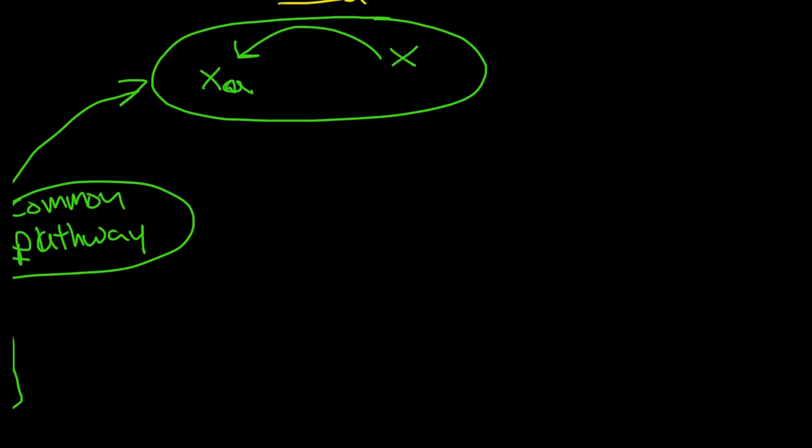Okay, so we've got 10A. 10A activates prothrombin, and prothrombin becomes thrombin.